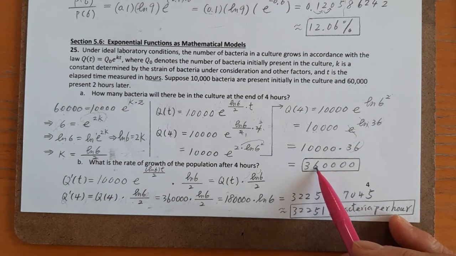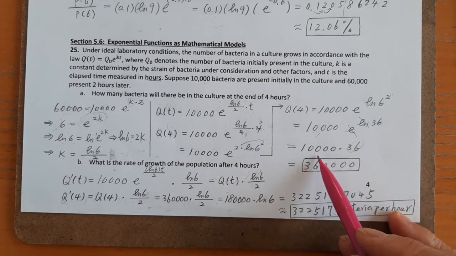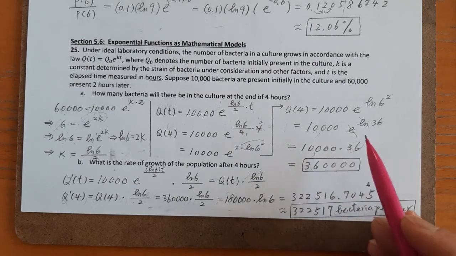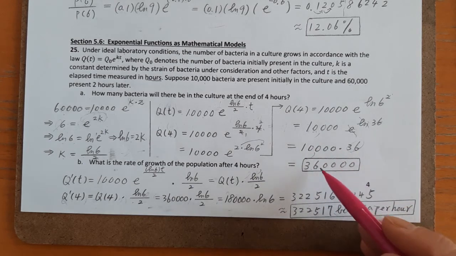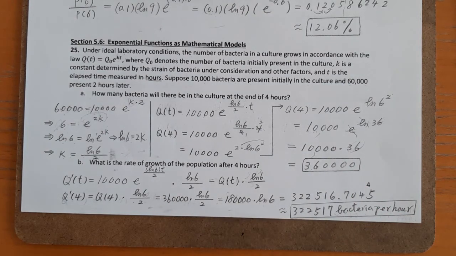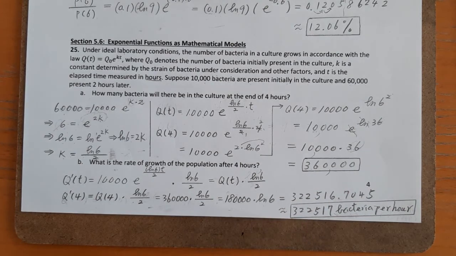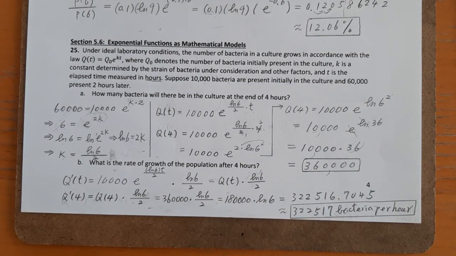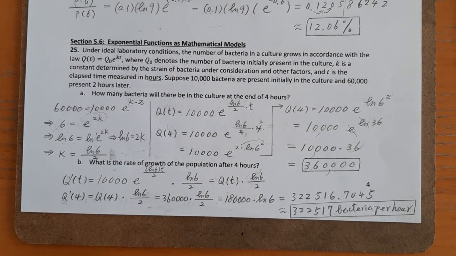Now 36 times 36, get 1, 2, 9, 6. So 360,000 bacteria after 4 hours.